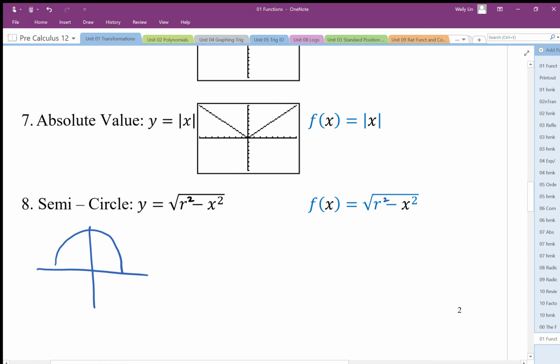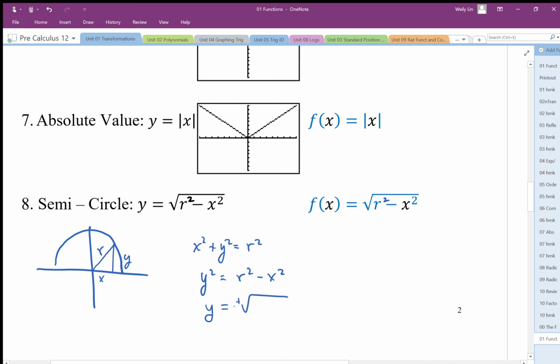This is going to be new, and just to explain where this came from, this actually comes from the Pythagorean theorem. If I have an x and a y, and a radius, this triangle I can draw anywhere in this circle. So I end up with x squared plus y squared equals r squared from Pythagoras. I can solve for y, getting rid of that squared by undoing it with a square root.